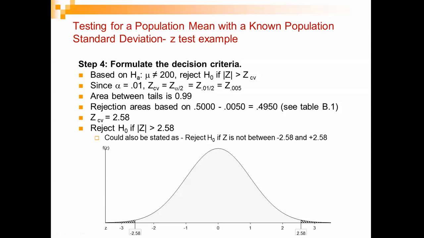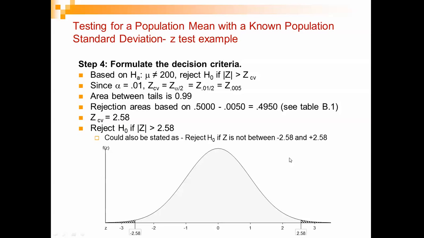You could also state this formula, if it makes it clearer for you, as reject the null hypothesis if the z is not between negative 2.58 and plus 2.58. So that would mean this is the not reject area, this is a rejection region, and this is a rejection region. So the shaded areas on either of the tails are the rejection region.